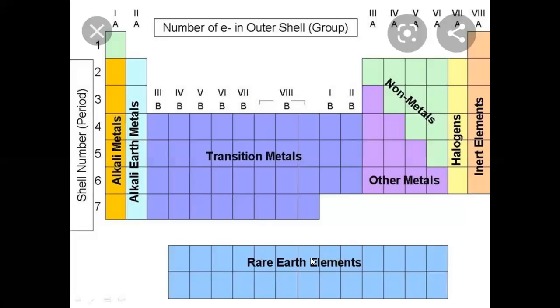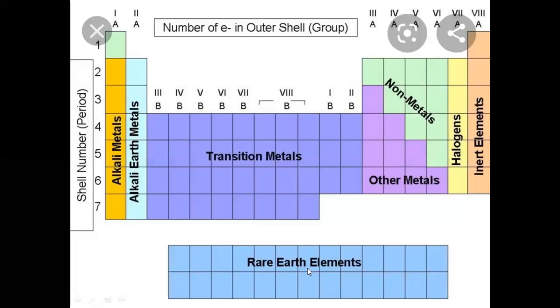And the last two periods are assigned separate positions in the periodic table. They are lanthanides and actinides, also called the 4F series and 5F series, or inner transition elements. The upper ones are called outer transition elements, and the lower two are called inner transition elements.